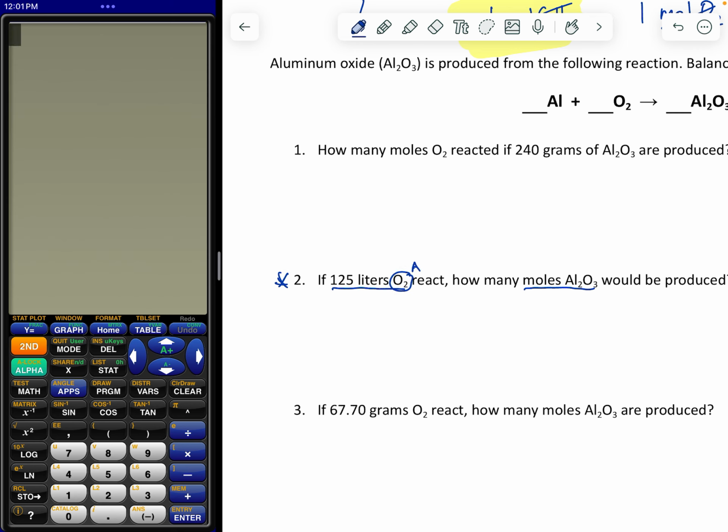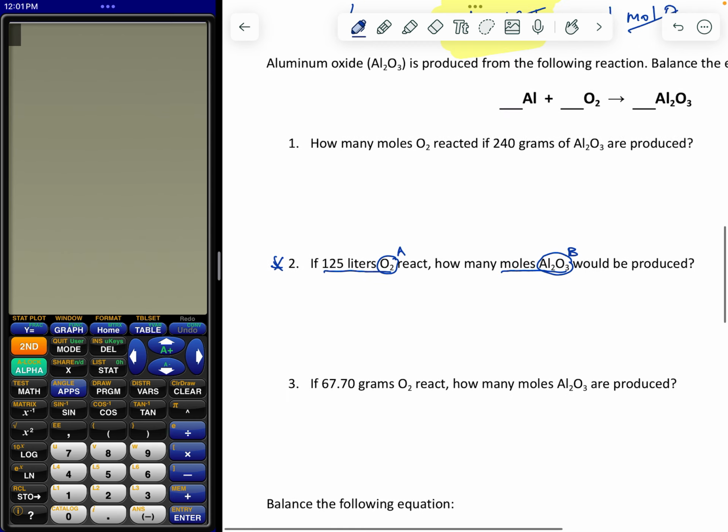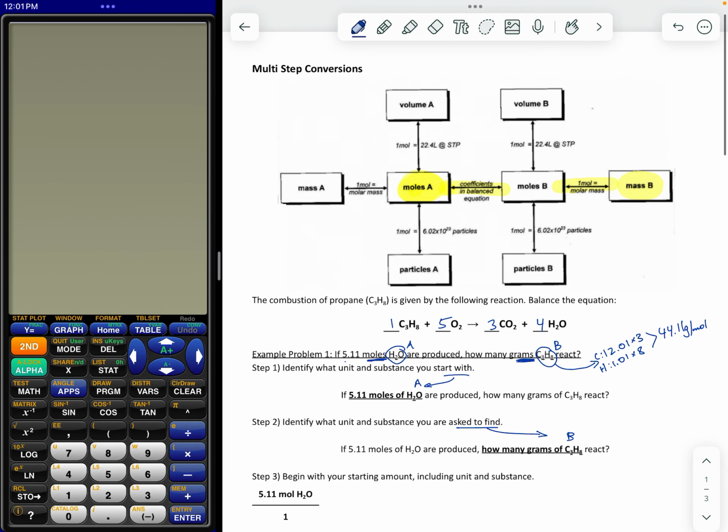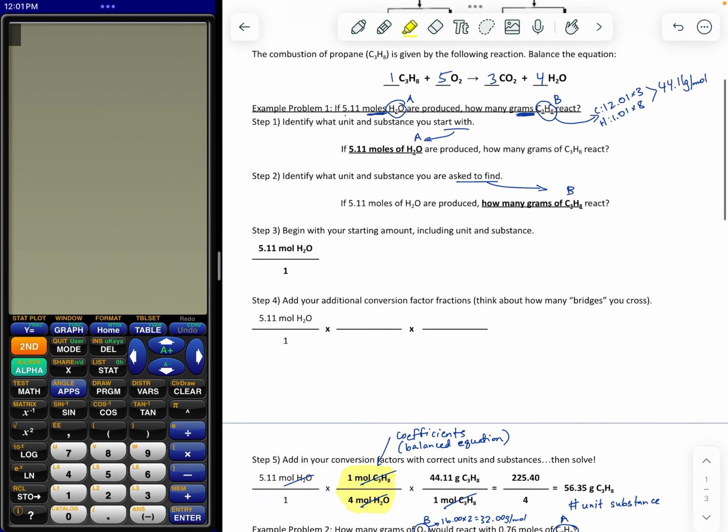So that's A. I want moles of this substance, which is substance B. So if we go all the way up to our map, we're starting with the unit of liters, which is volume. So we're starting with volume. And we're trying to get to moles of B.